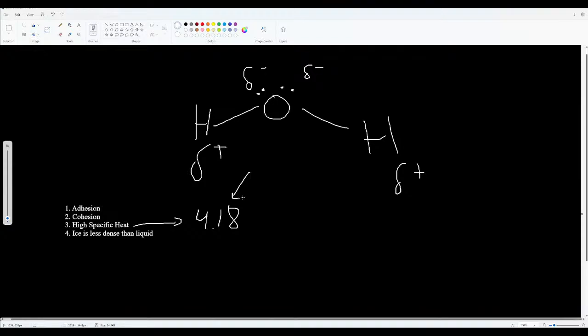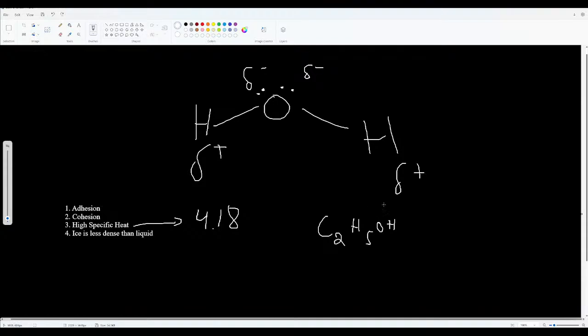However, high specific heat is very, very important for the survival of life, right? Why is it important that we have high specific heat? Well, if I was made of alcohol, or drinking alcohol, which is C2H5OH, right? So it's a molecule that's a little bit bigger than water, and it's far less polar with just the one OH group at the end.